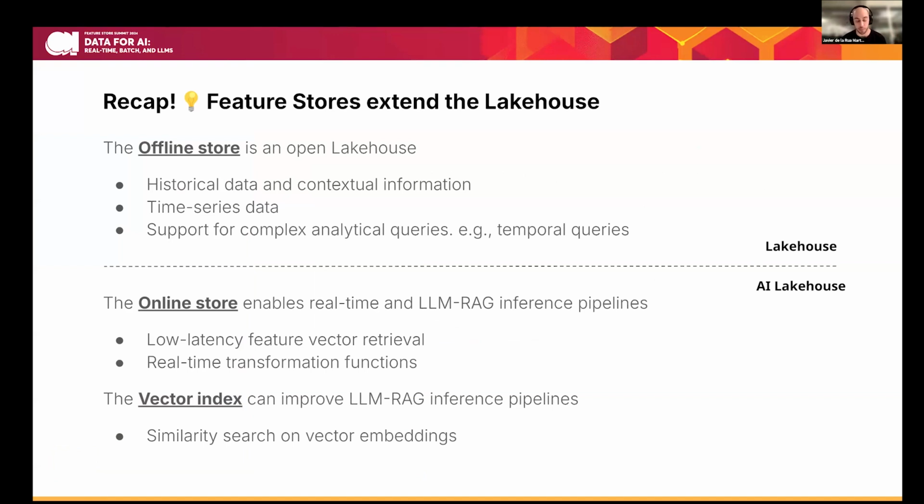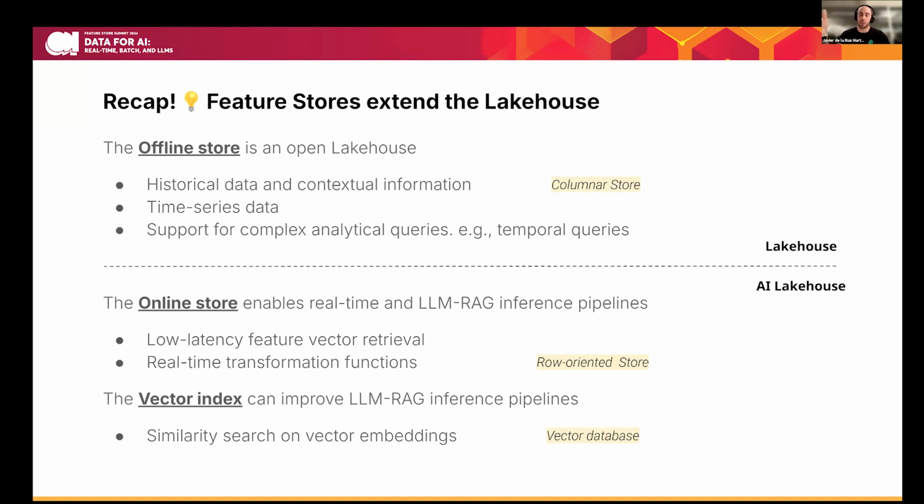So let me, just as a quick recap from the previous talk from my colleague Ray, Feature Store extends the lakehouse to become an AI lakehouse. Basically, the offline store as an open lakehouse is complemented with an online store and a vector index. As you know, offline stores are commonly built on columnar store.